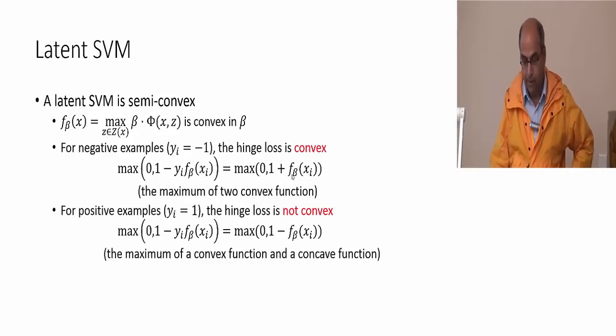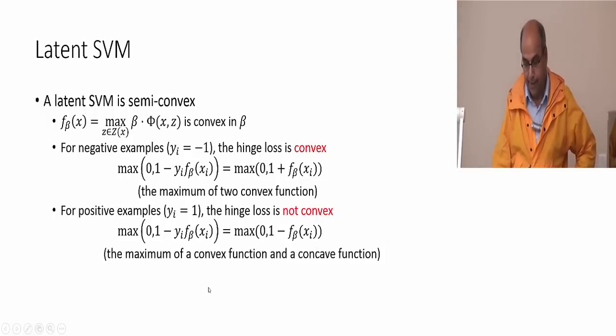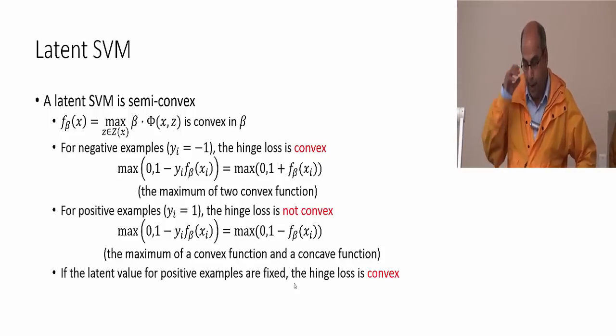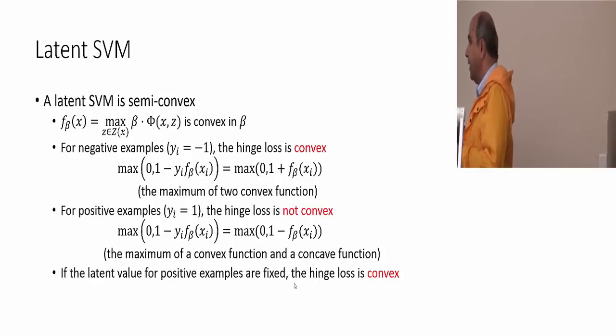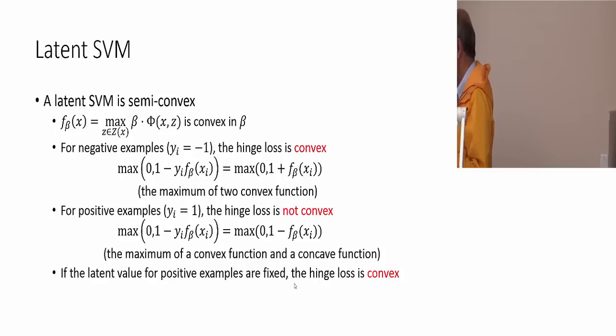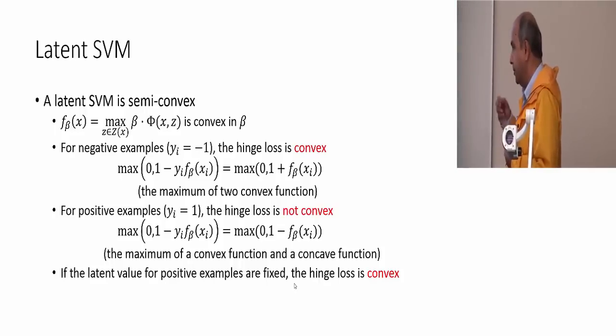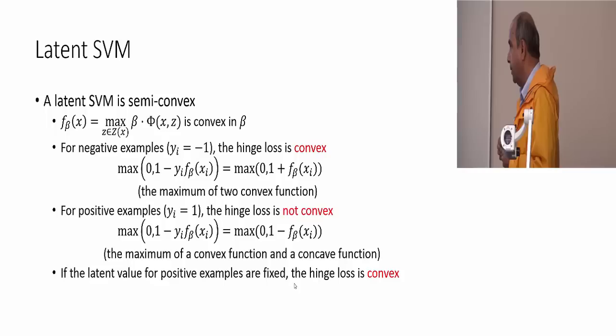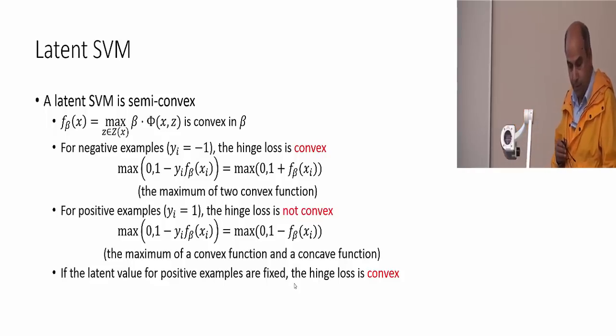For positive examples, it's not convex, because y is 1, so it becomes like this. This is the maximum of a convex function and a concave function, and it is not convex. Now, if we assume that we know the latent value, the position z for this particular example, then it will become convex.